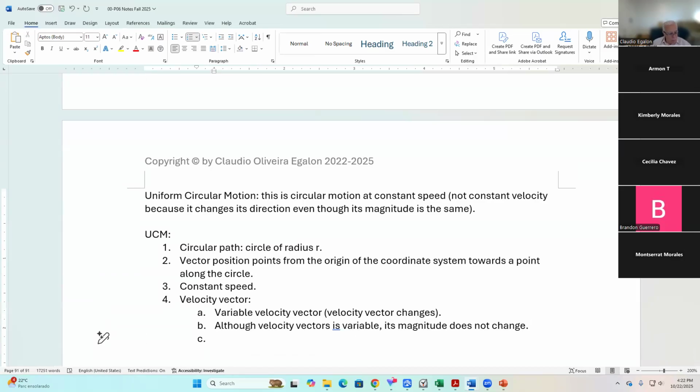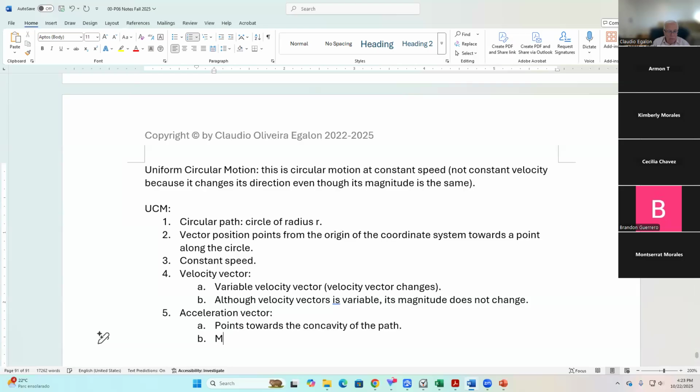And then we have one more here, which is the acceleration vector. It points towards the concavity of the path. That we know. But where specifically does it point?